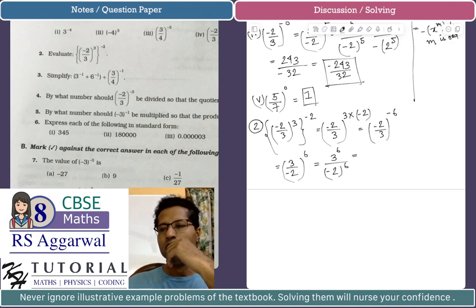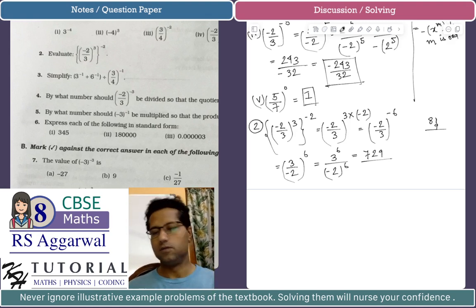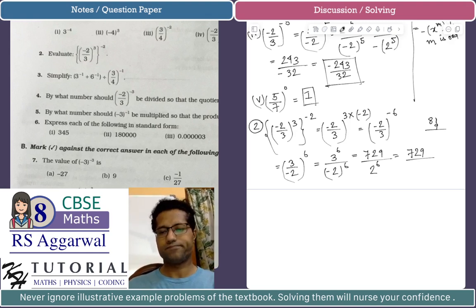How much is 9 cube? 81 times 9, so this is 729, divided by minus 2 raised to the power 6. The base is negative, but the power is even. So this will be equal to 2 to the power 6. So this is equal to 729 divided by 64.